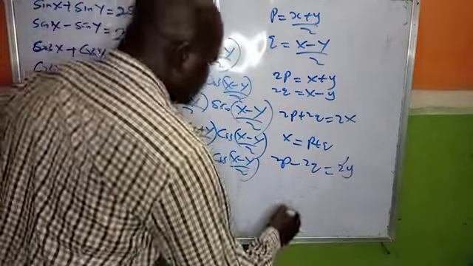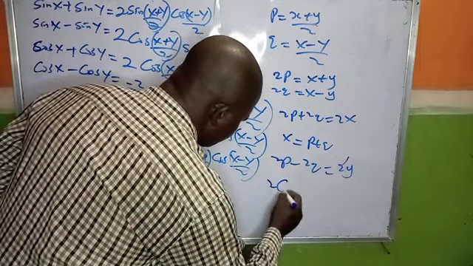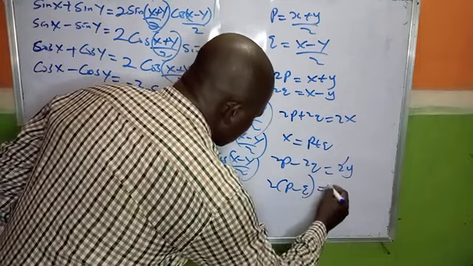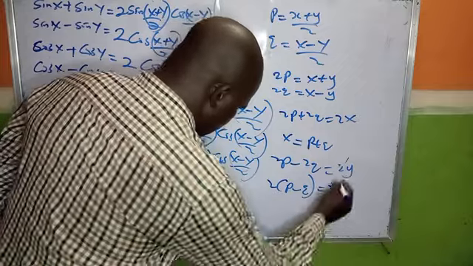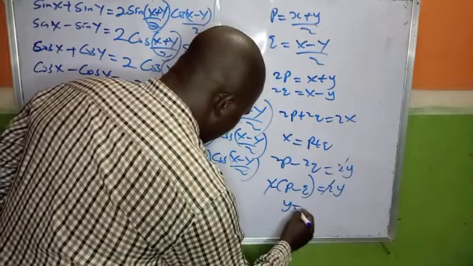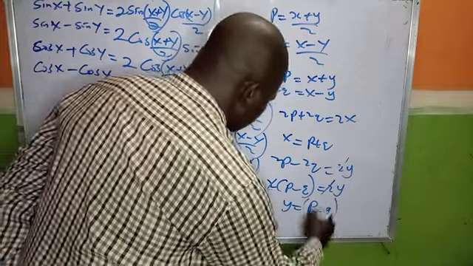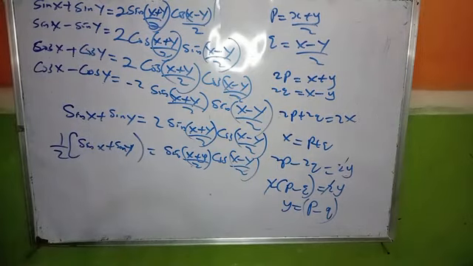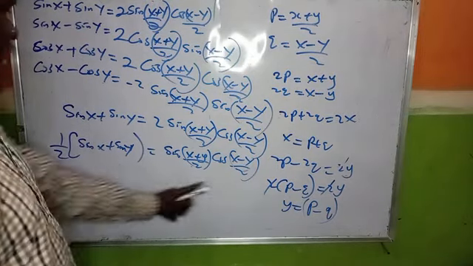Since this cancels, you factorize the 2, you have 2(p minus q) equal to 2y. So this will cancel this, you have y equal to p minus q. So it's something you can simply replace here.